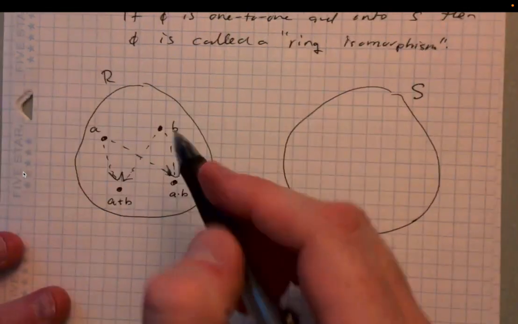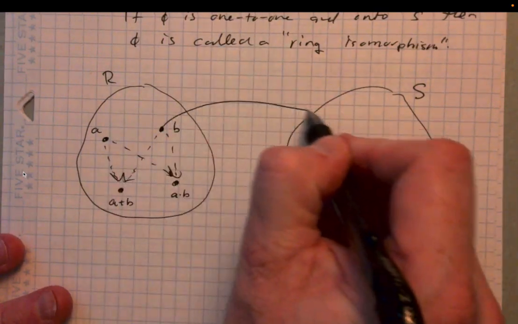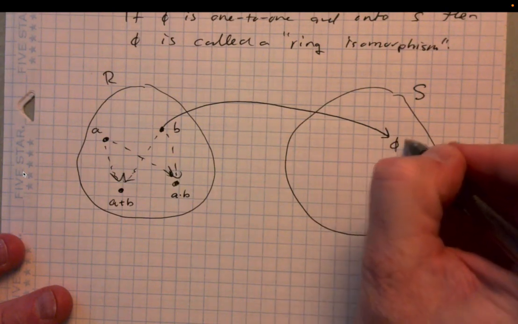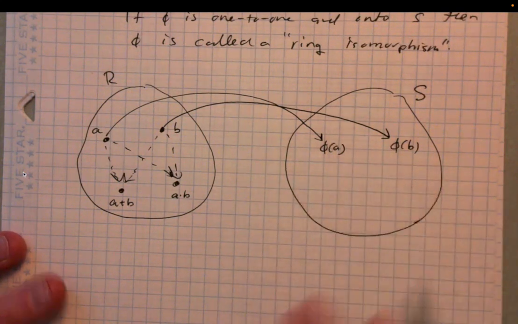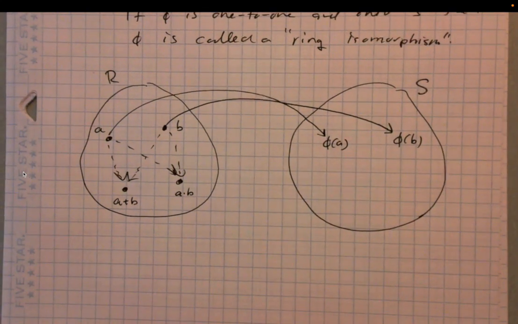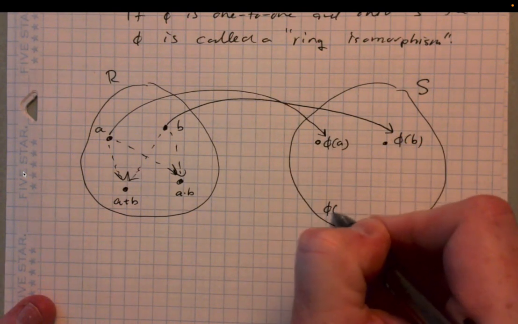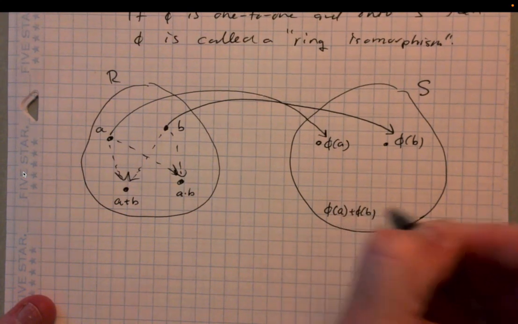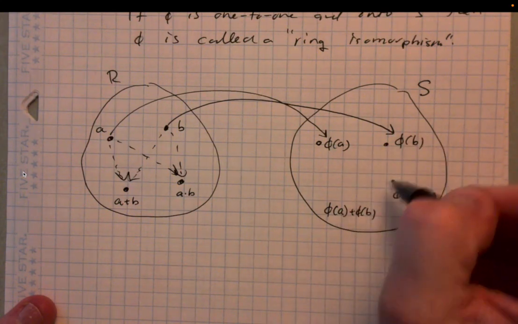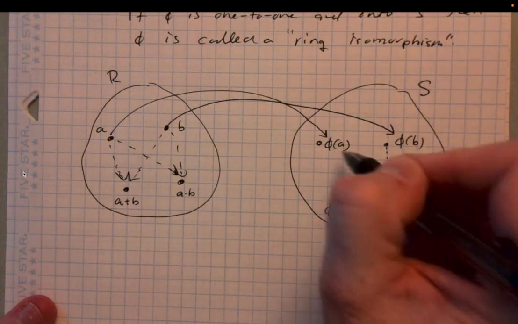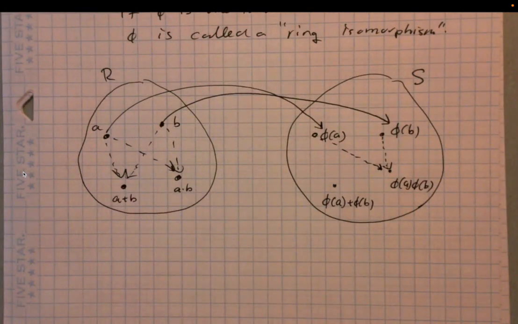And if we have a mapping from R to S, that means B is going to map over to phi of B, and A is going to map over to phi of A. And then inside of S, naturally these elements are going to combine to give you phi of A plus phi of B and phi of A times phi of B. I probably won't draw all of these, but you can imagine how these can combine in the same way that we see on the R side of things.